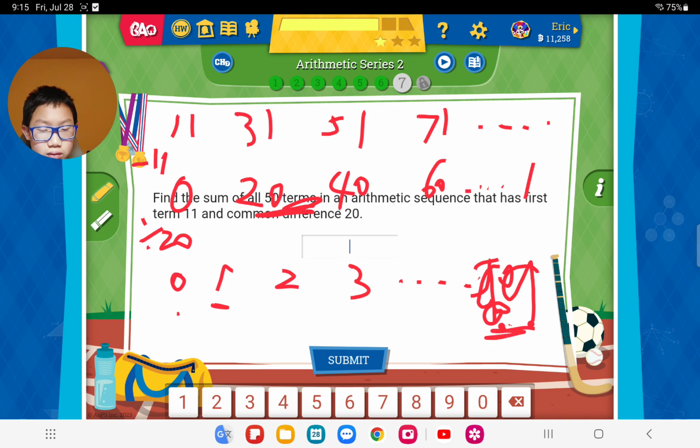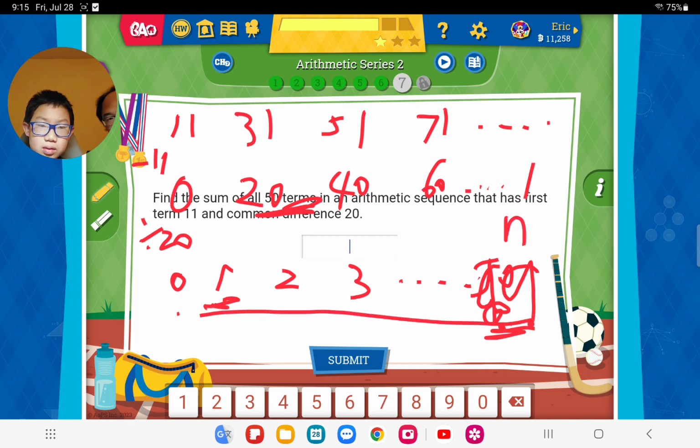Do you know how to get the sum of this sequence? No. You already forgot what you talked about yesterday. So for example, if this is the sequence, and this is n, the sum is n times n plus 1 divided by 2.